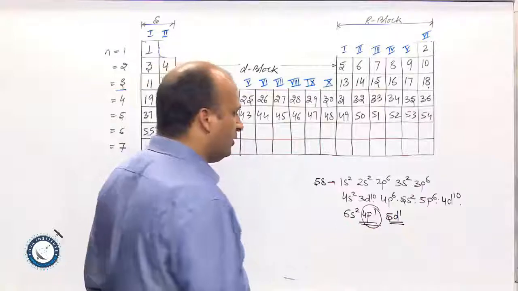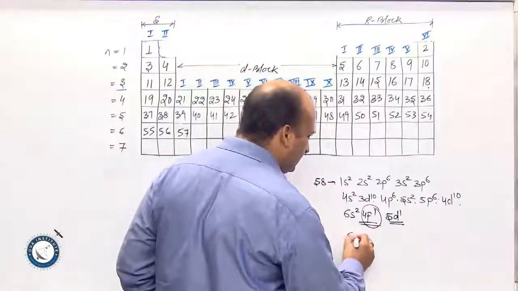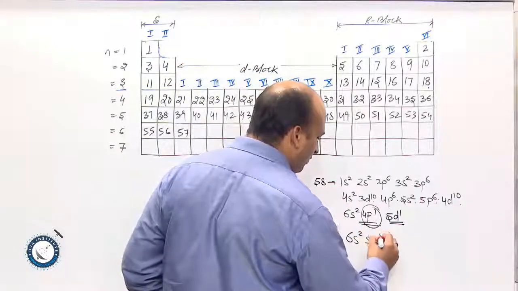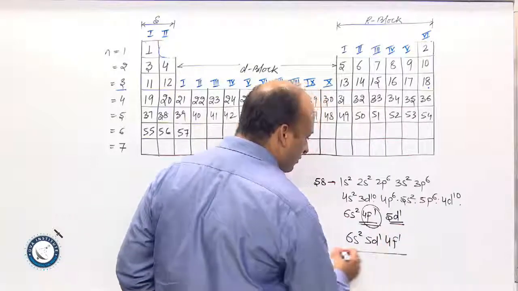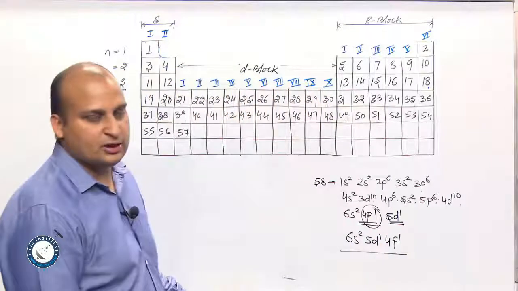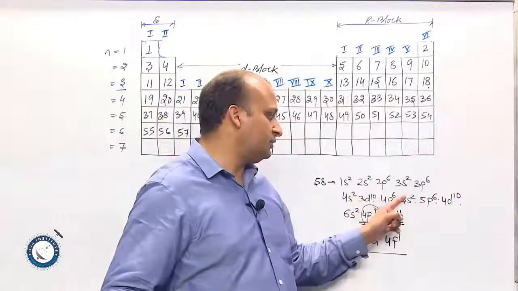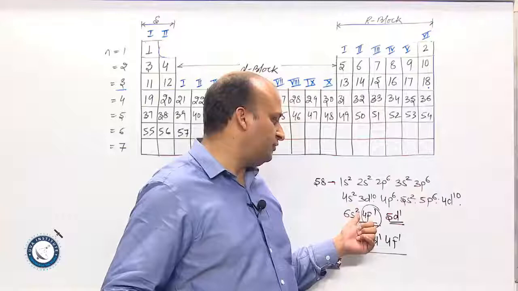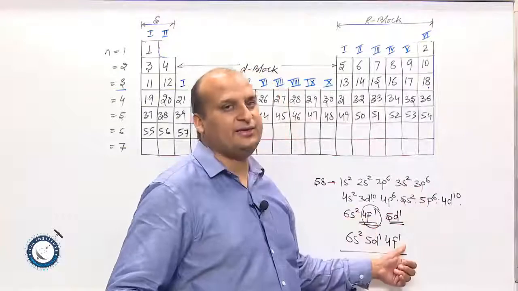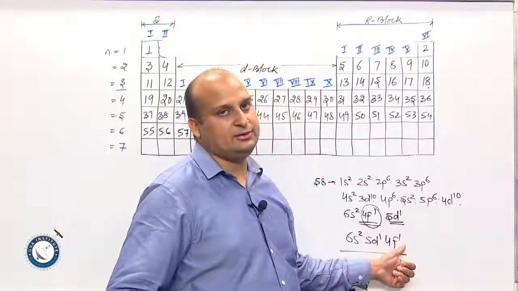So the electronic configuration for 58 will be 6s2 5d1 4f1. This is how we will write the electronic configuration for F block elements. You can count once again: 2, 4, 10, 12, 18, 20, 30, 36, 38, 44, 54, 56, 57, 58. Please remember this part.